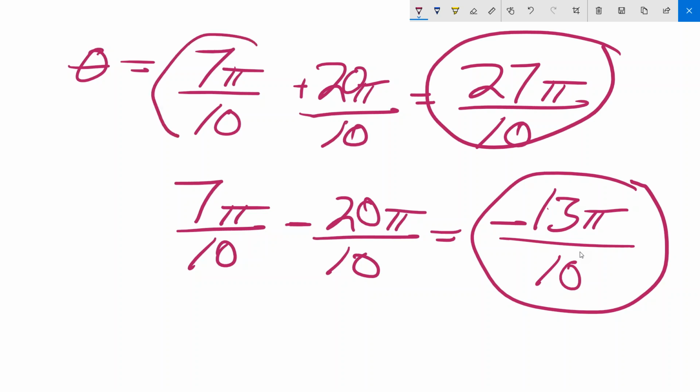Because the angle they gave you was in the unit circle, if I add 2 pi to it, I'm always going to be outside the unit circle, and if I subtract 2 pi from it, I'm always going to have a negative angle, as long as I start with an angle that's in the unit circle. If I start with an angle that's negative, then I have to add 2 pi to it to give me a coterminal angle, and I have to subtract 2 pi from it to get it to stay negative.